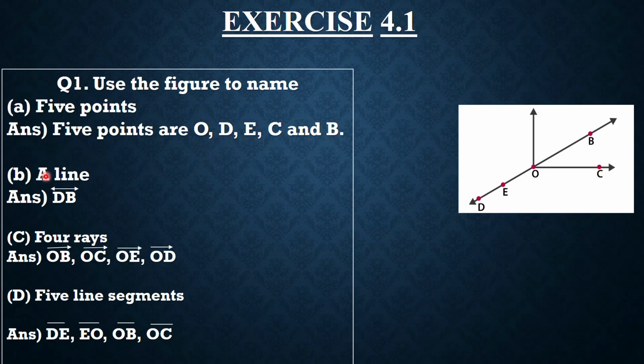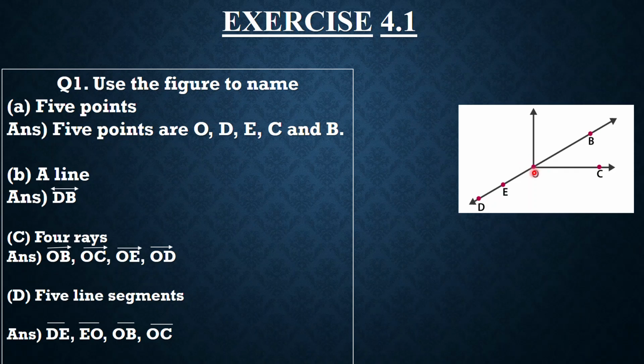Okay. A line. Yes, see, DB is a line. A line means that on both sides it will travel endlessly. Four rays. A ray means it will start at one point and travel endlessly in one direction.